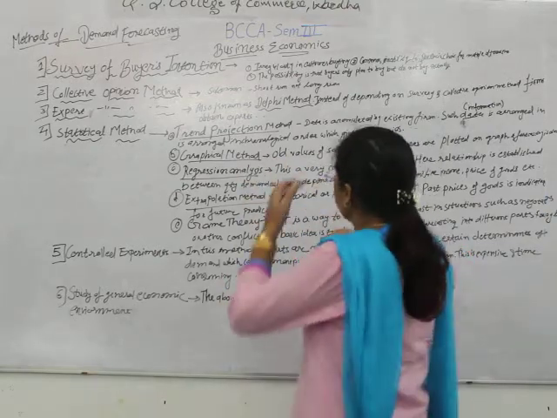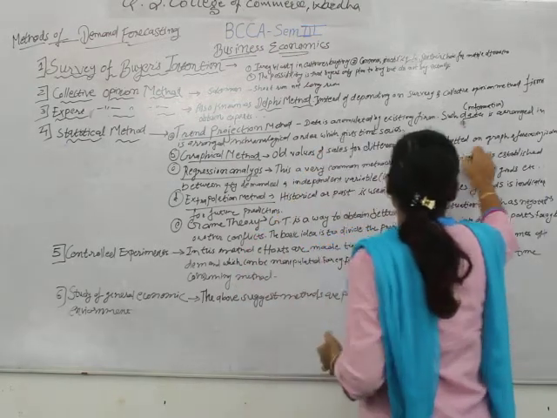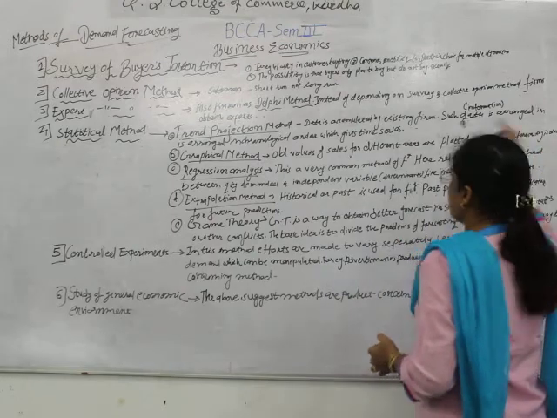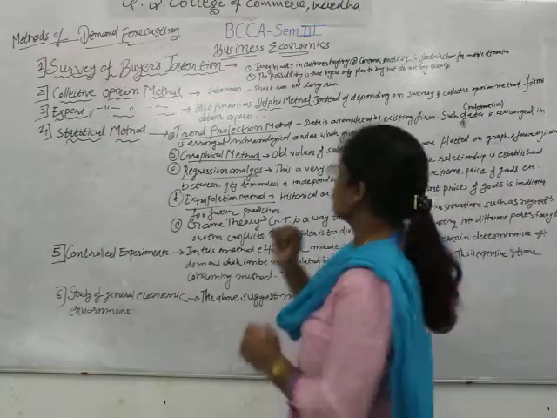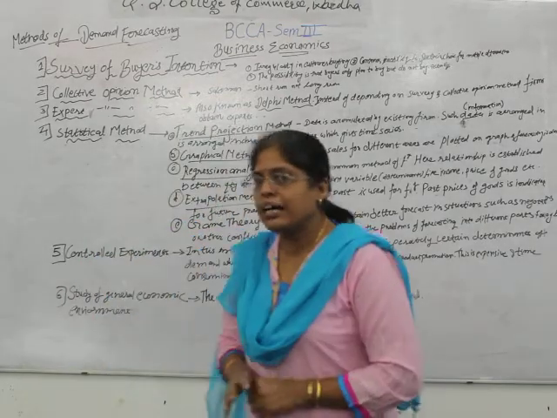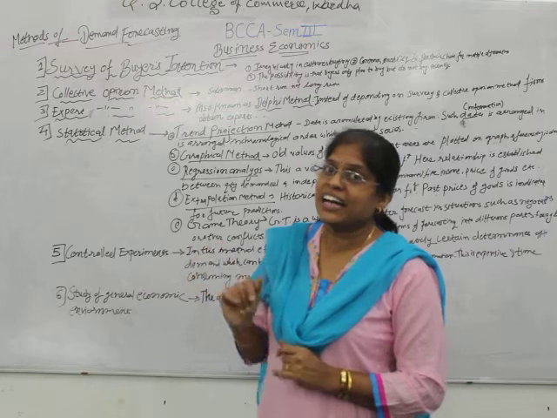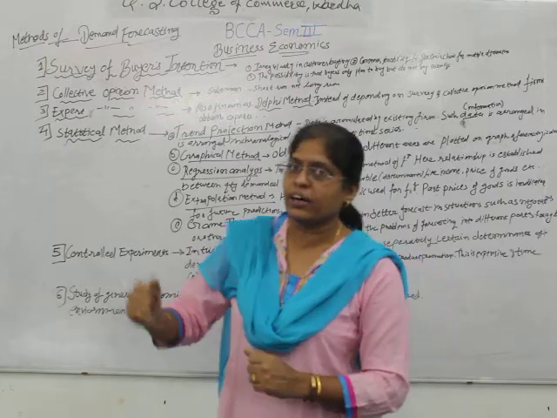Second is the graphical method. Old values of sales of different areas are plotted on a graph and forecasting is done. See, again and again, why are all these methods adopted by the firm owners? It is forecasting. They are deciding in advance regarding their product.